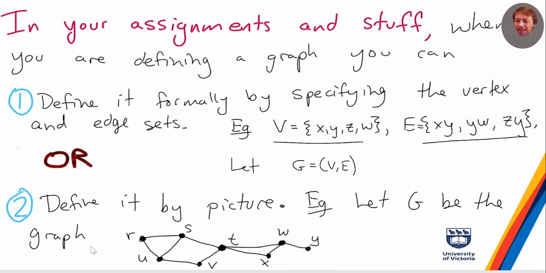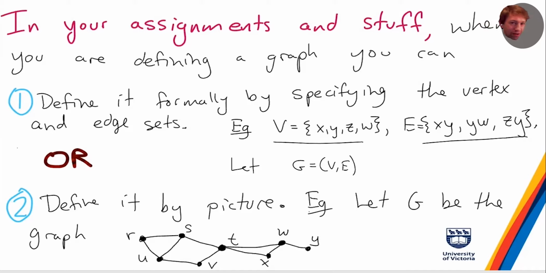And you can see this is more efficient than doing it the formal way, because what would I have to write here? I'd have to write let V equal R, S, T, U, V, W, X, Y. That's not so bad. But then you have to write let E equal RS, RU, SU, UV, VT, ST, and so on.